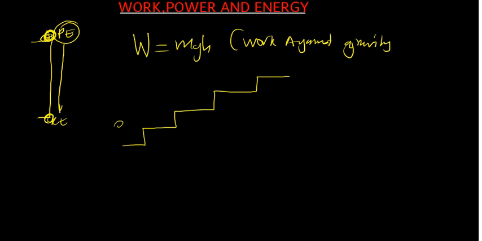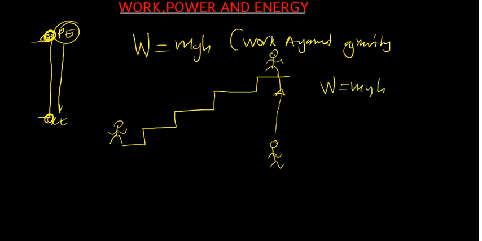Whether you move from this point and reach the top using the stairs, or you move from the bottom and use an elevator that lifts you up, the work done is going to be the same. And because you are going up, the work which will be done will just be mgh.